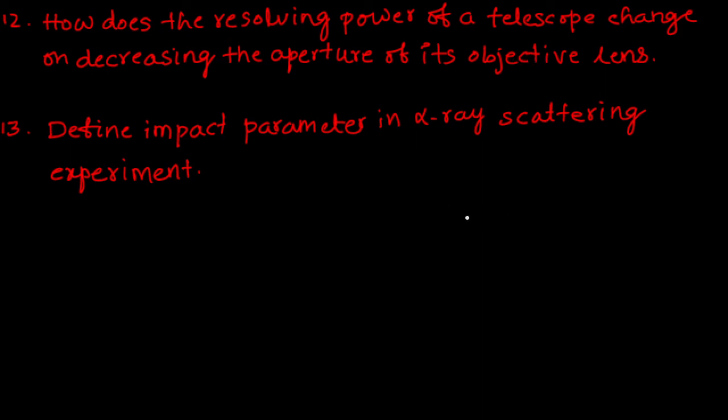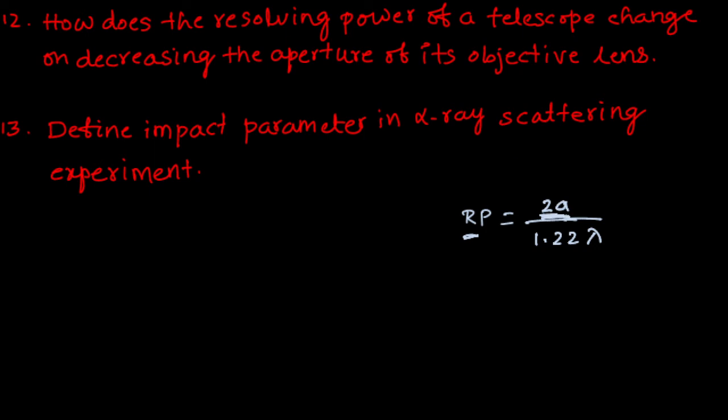You know that resolving power of a telescope is given by 2a divided by 1.22 lambda. Here 2a is the diameter of the objective lens, or it is also called aperture of the objective lens. So from this equation you can see that resolving power is directly proportional to aperture.